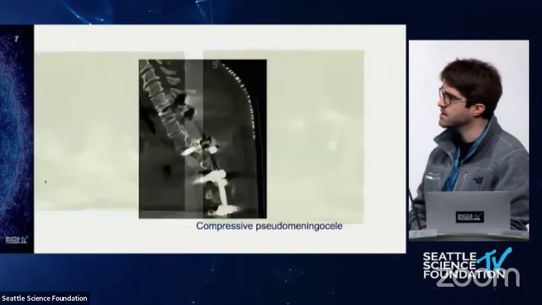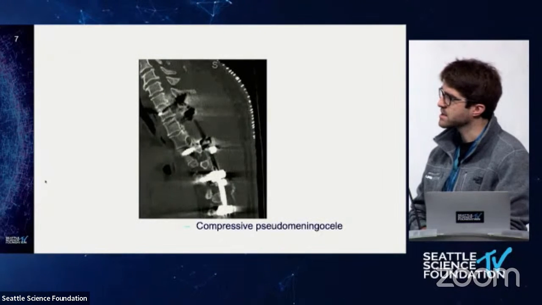And then kind of the best cut I could see. This is her 10 days into rehab, this compressive pseudomeningocele. Obviously, a much larger fluid accumulation. You can see dorsal to the spinal column compared to her other postoperative CTs.